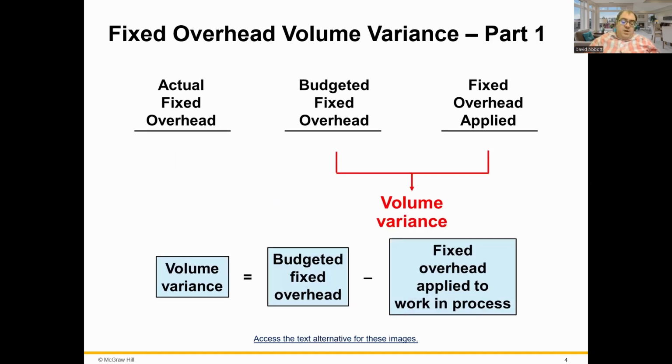And then a volume variance. The equation for computing a volume variance is shown here. It is different. It is the difference between the budgeted fixed overhead and the fixed overhead applied to work in progress. The volume variance can also be computed as shown on this slide.